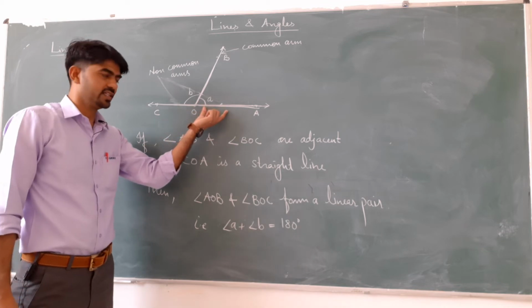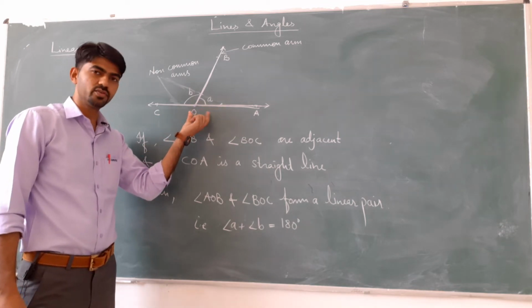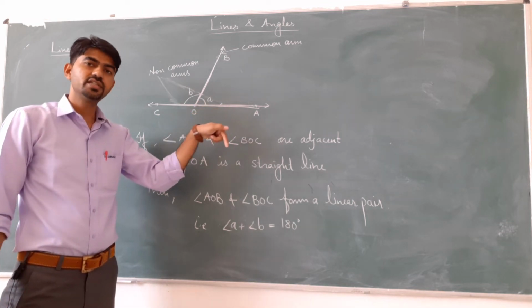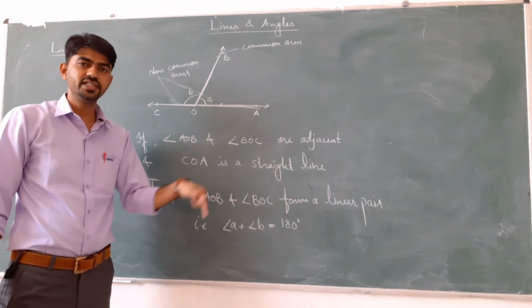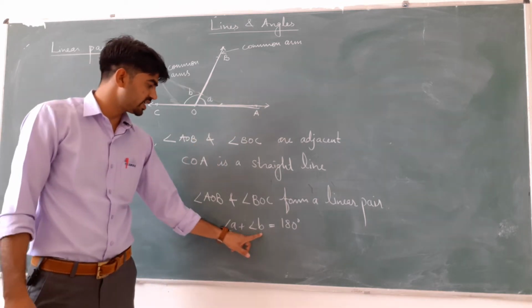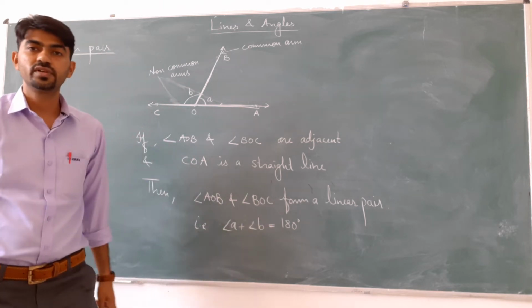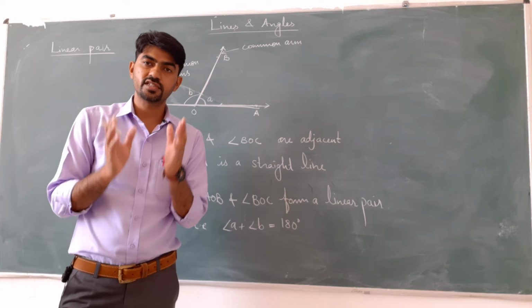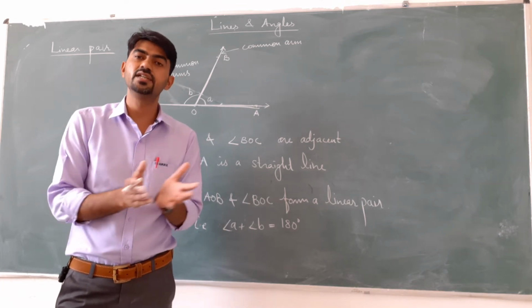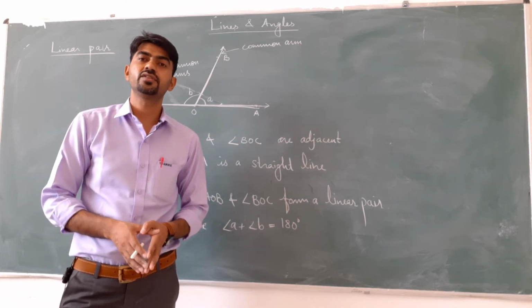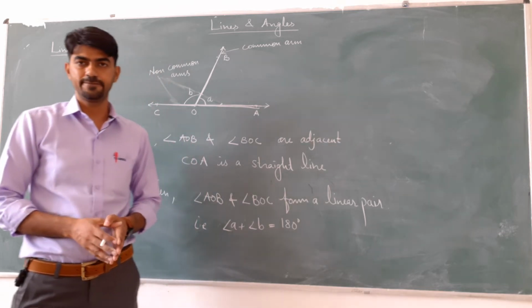This angle and this angle are joined together to make a straight angle, and the measure of a straight angle is 180 degrees. Therefore, angle A plus angle B is equal to 180 degrees. It means the sum of angles in a linear pair is always 180 degrees.